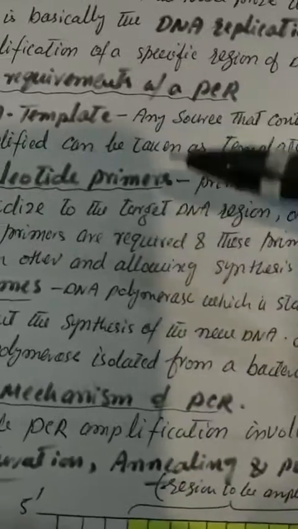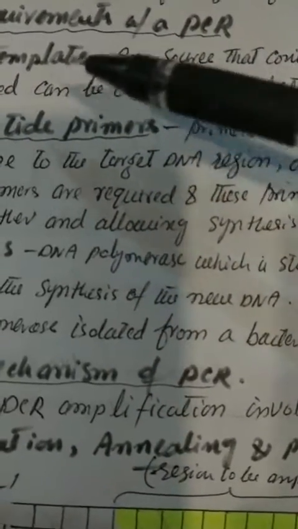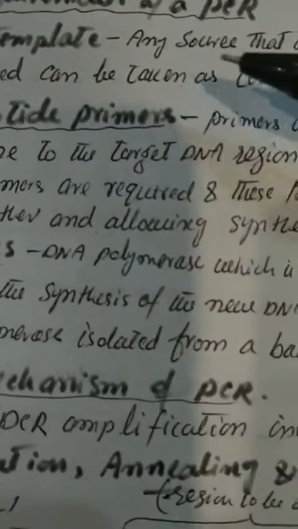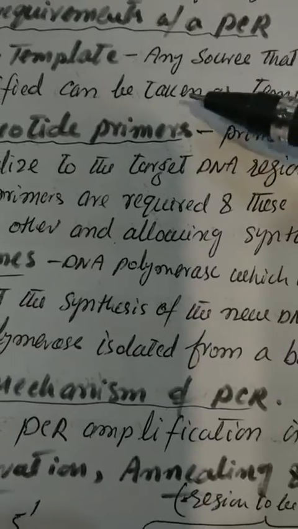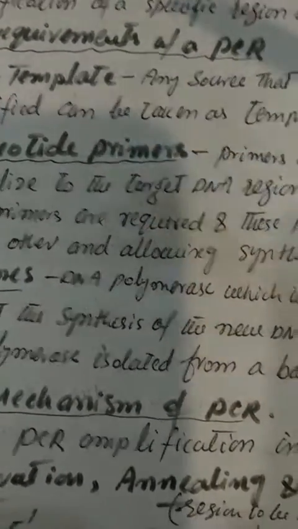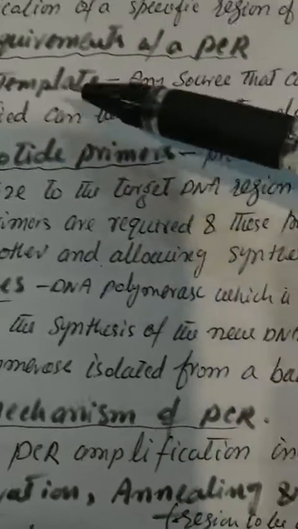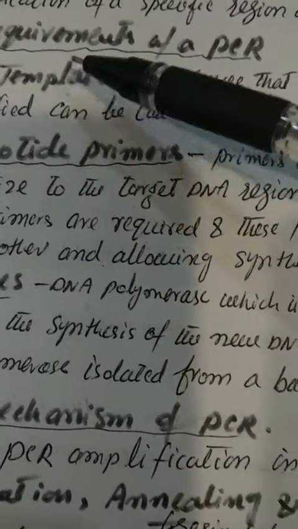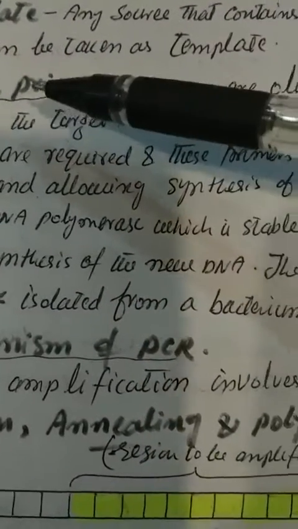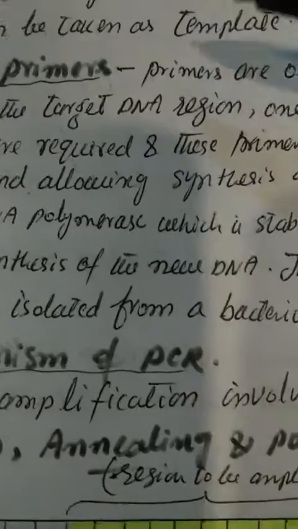Now, the basic requirements of a PCR are: number one, DNA template. Any source that contains one or more target DNA molecules to be amplified can be taken as DNA template. The second most important requirement is nucleotide primers.